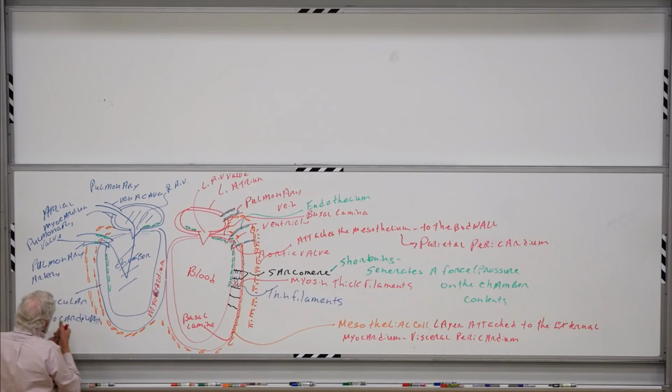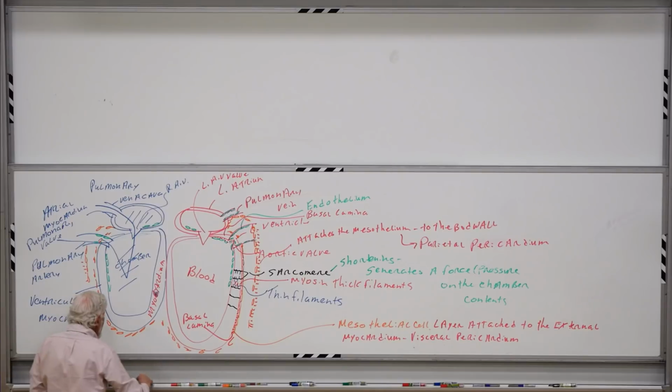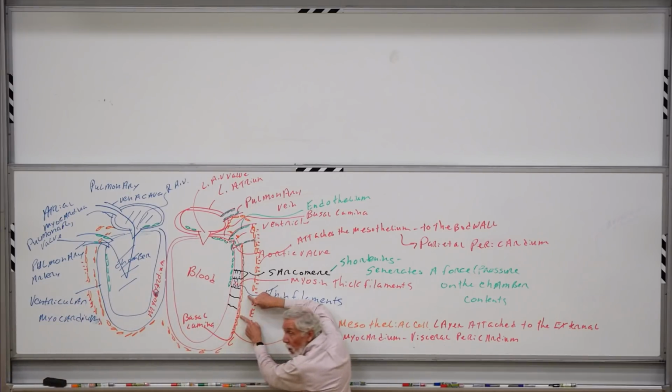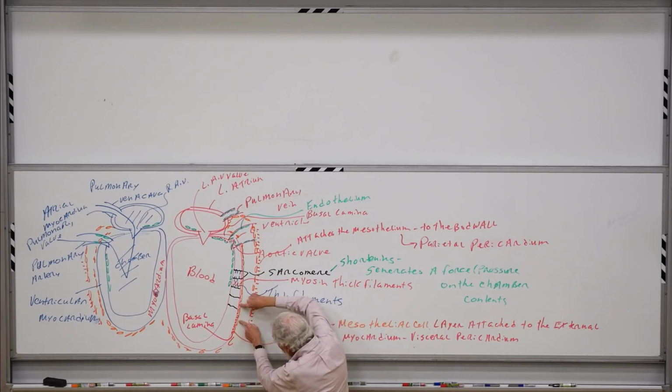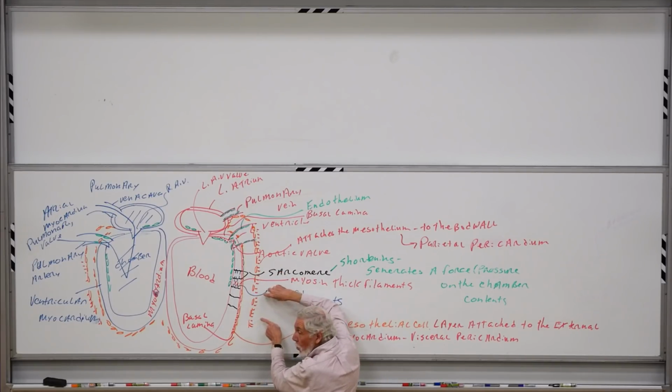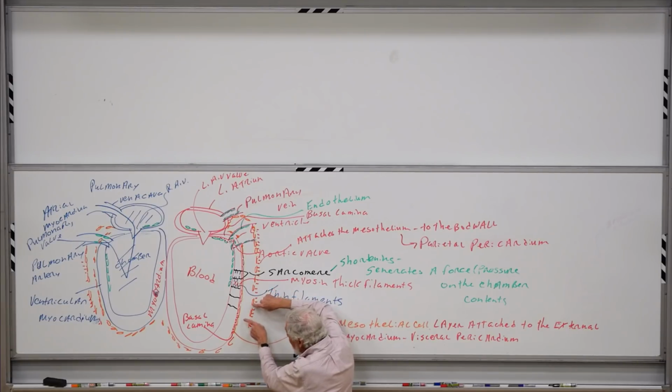The upshot of all of this is that there's an open space between the apical surface of the mesothelial cells of the visceral pericardium and the parietal pericardium. And these mesothelial cells will in fact secrete fluid. They'll secrete fluid which is rich in polysaccharides, so it's slippery.